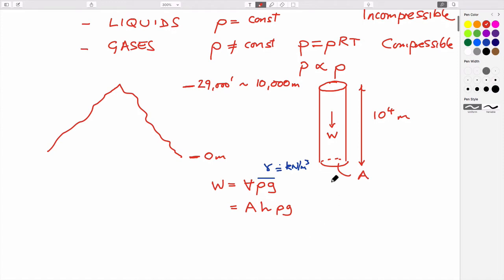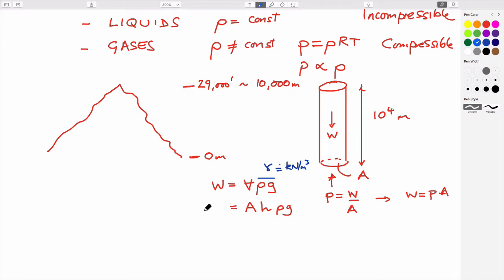And if we know that the force acting up on this has to be a pressure, which has to be equal to the weight divided by the cross-sectional area, then we can also write the weight as being equal to the product of pressure and area.